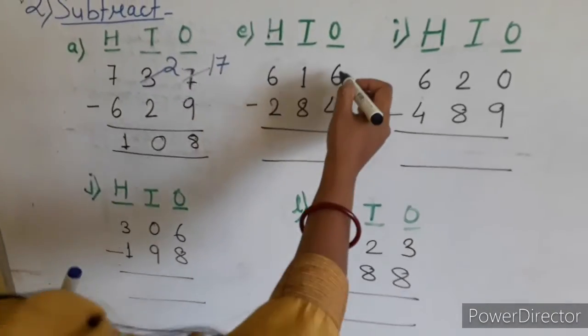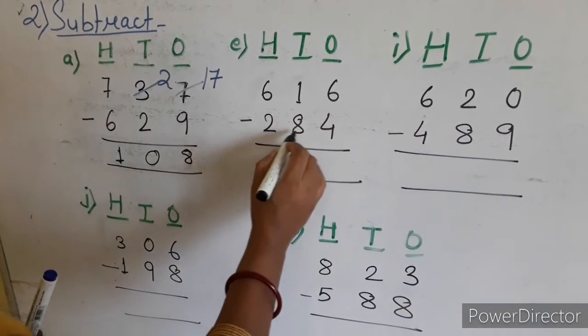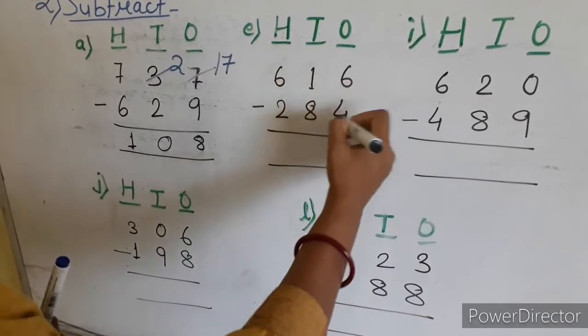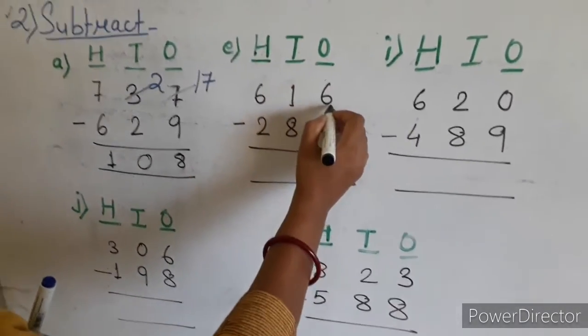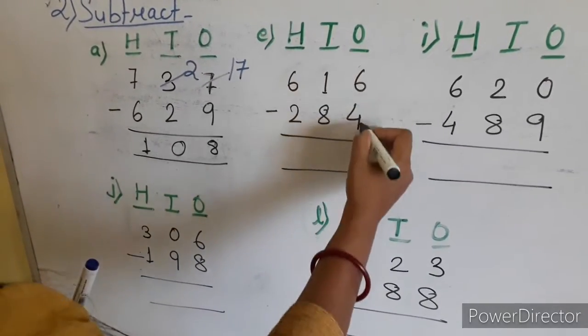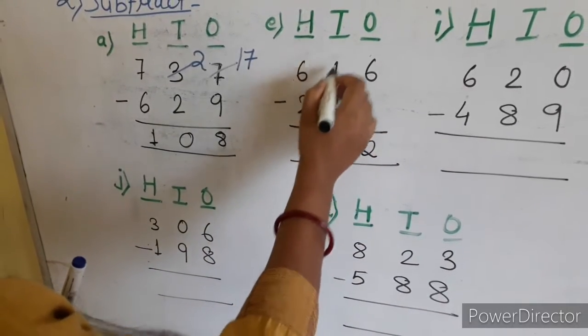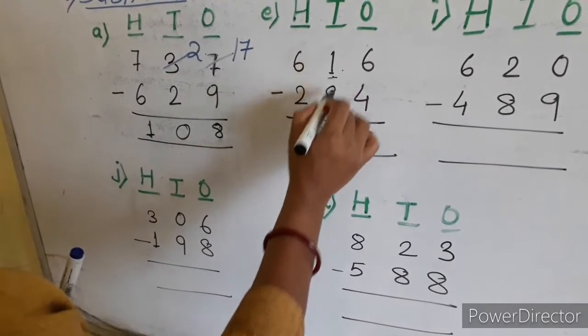Now this one, 616 minus 284. So 6 minus 4, here there is no problem, because in the upper portion the larger number is here and the lower is the smaller number. So we can easily subtract. 6 minus 4 will be 2, and in the tens place the upper number is 1, which is smaller than 8.